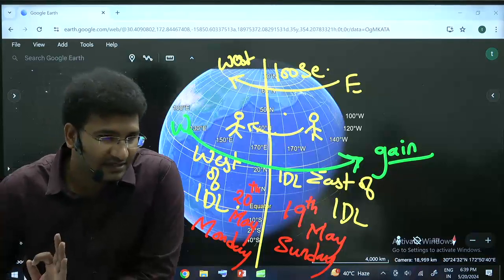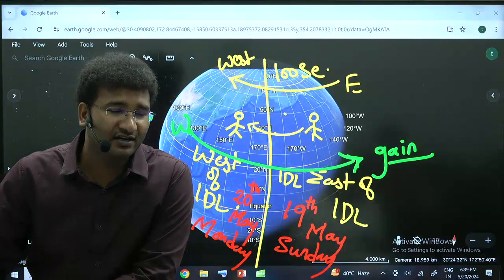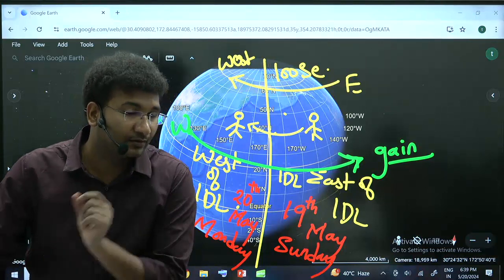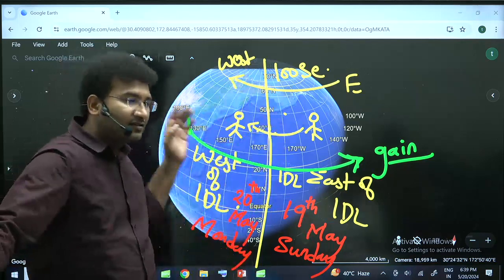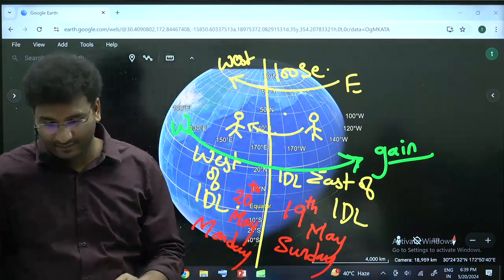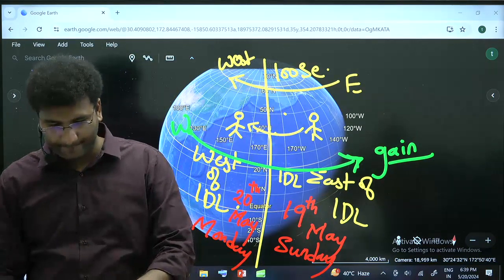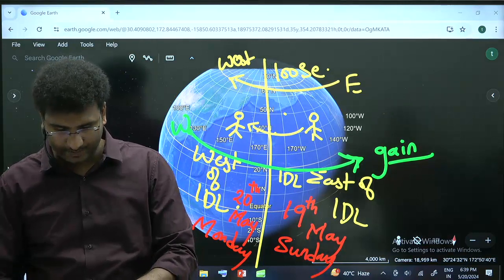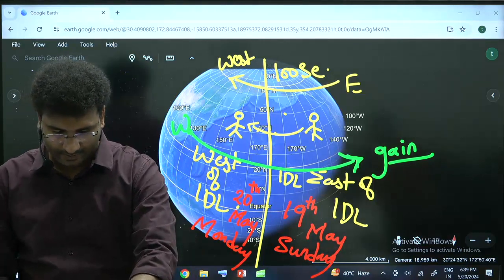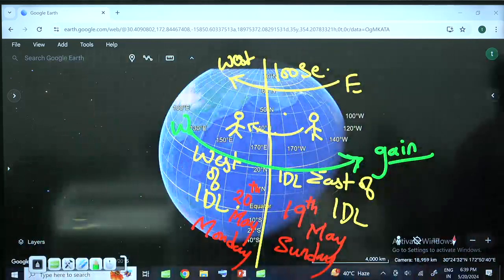Right? Understand the wording carefully. I am talking about the international dateline. This is east of the international dateline. This is west of the international dateline. East to west, you will lose. West to east, you will gain.